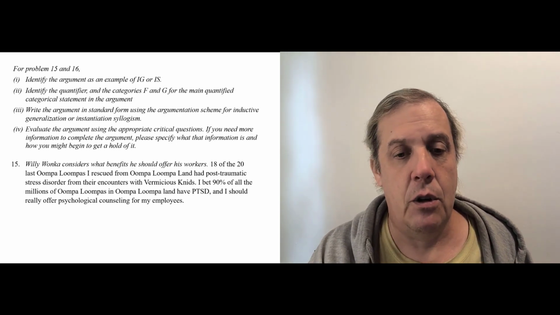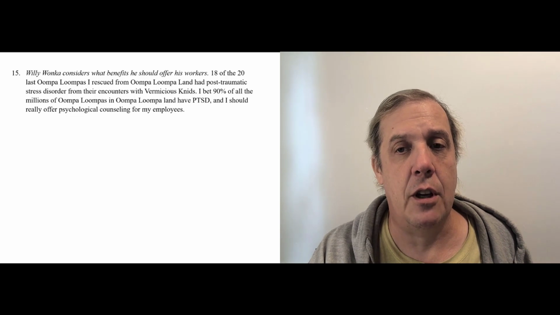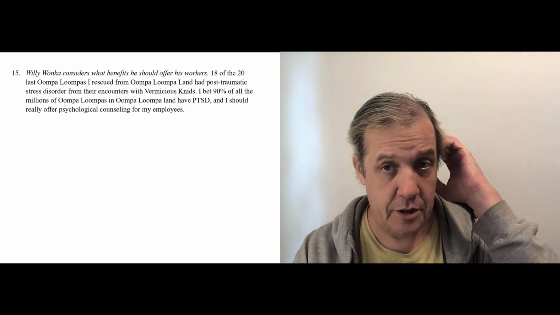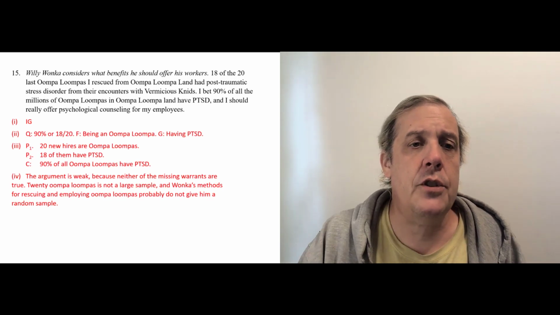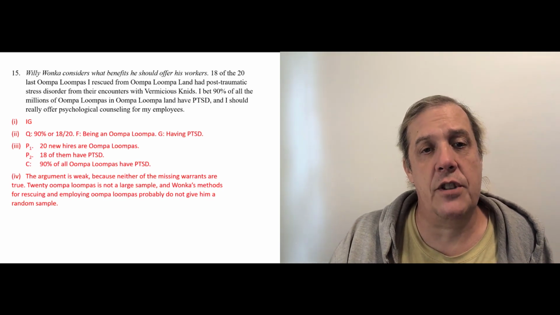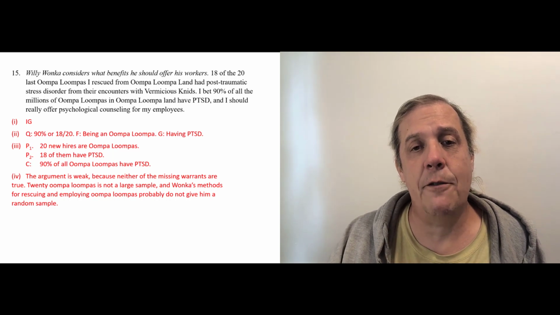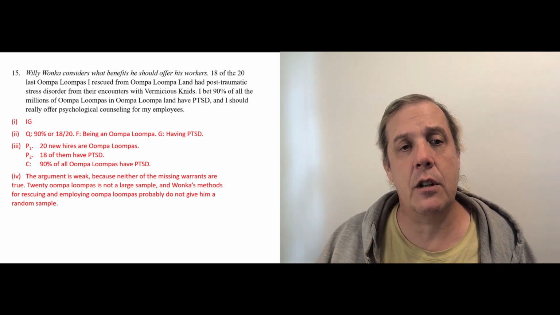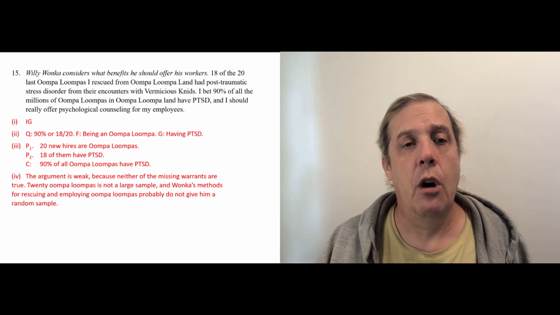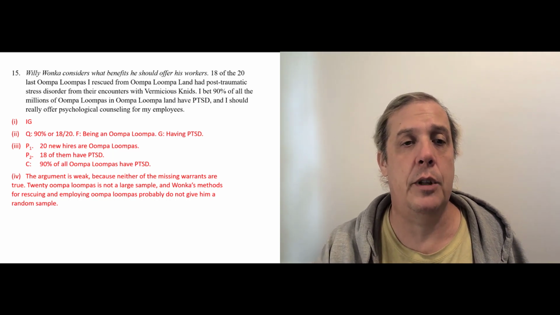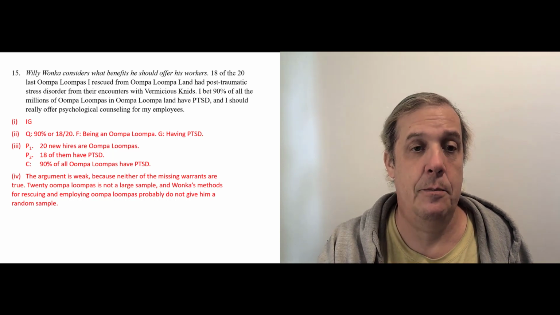All right. So let's make this a general argument. Well, I'll just put the whole thing on the screen here. So this is an inductive generalization. You can tell because after he says, I bet, and gives his conclusion, he is making a big claim about all the millions of Oompa Loompas in Oompa Loompa Land, right?